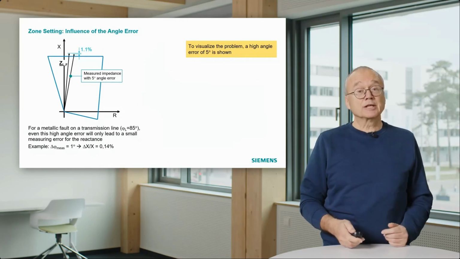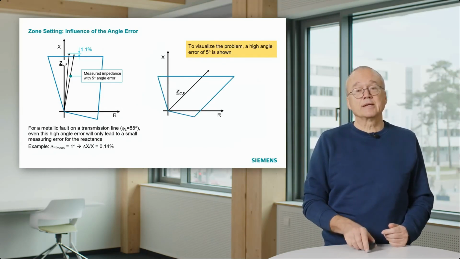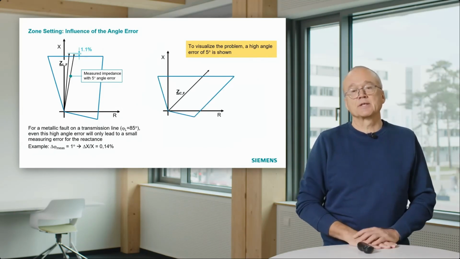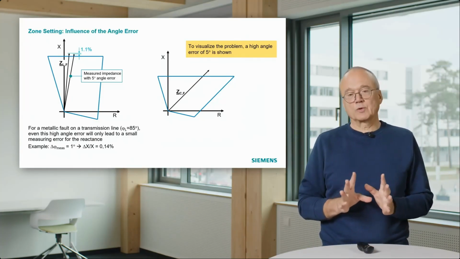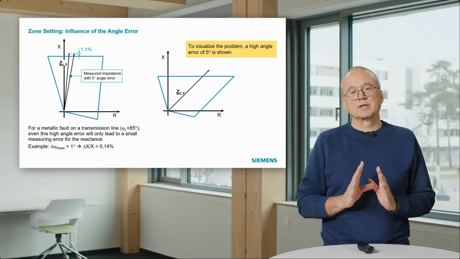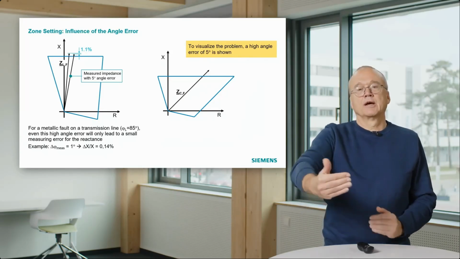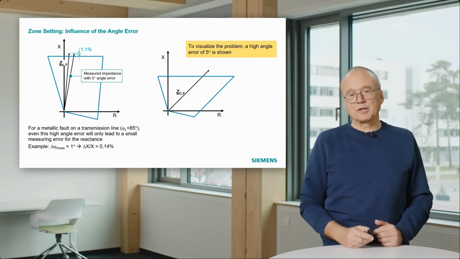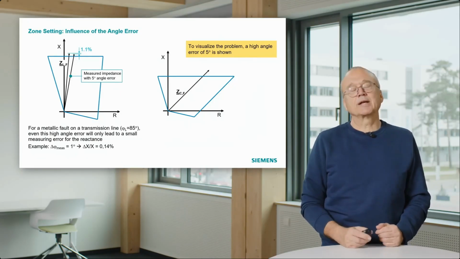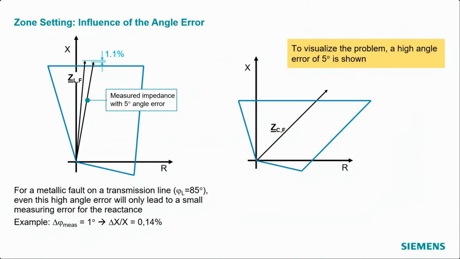It already looks a little bit different if we do the same exercise with a cable. We still assume we have no fault resistance. We just have a fault outside the zone on a cable. We would measure this point on the right diagram. And if we now assume again an angle measurement error of 5 degrees, we would measure this.